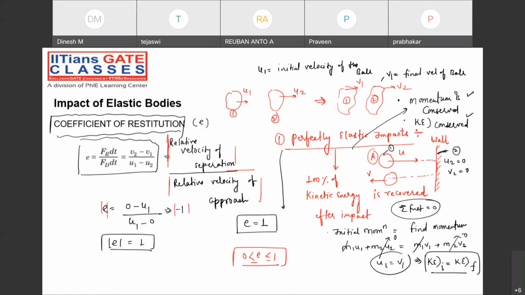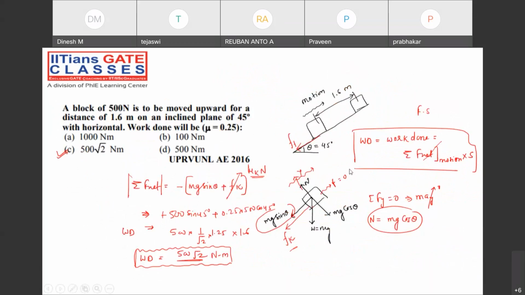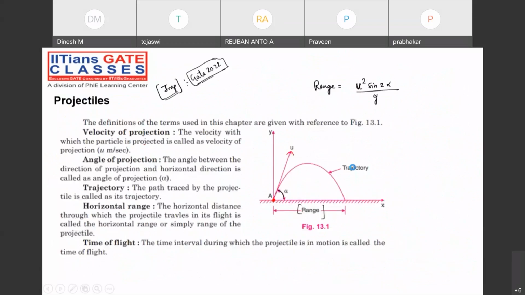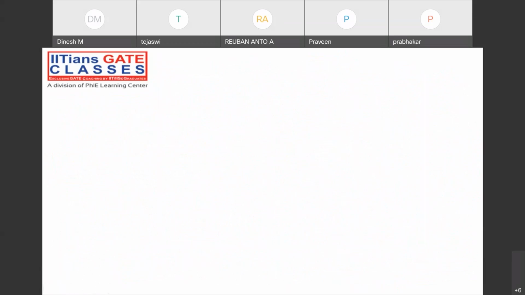Not done. Can we discuss the second impact? Perfect. Now let me talk about the second impact. This is called perfectly plastic impact.